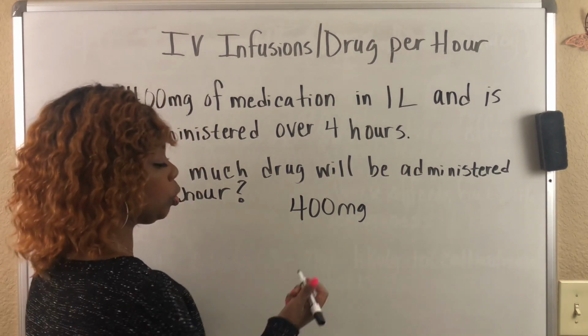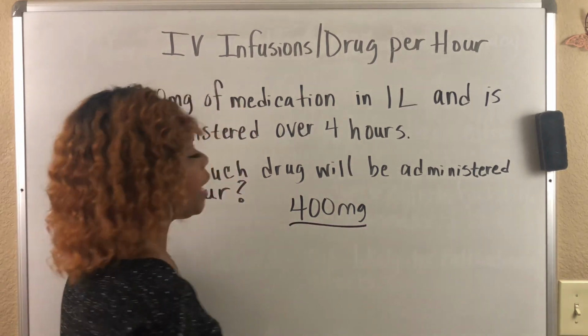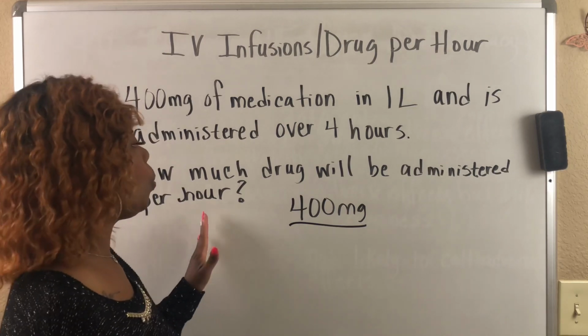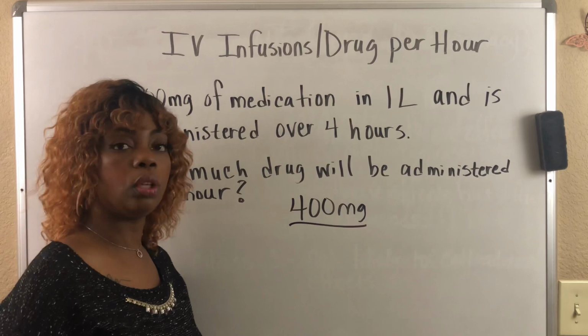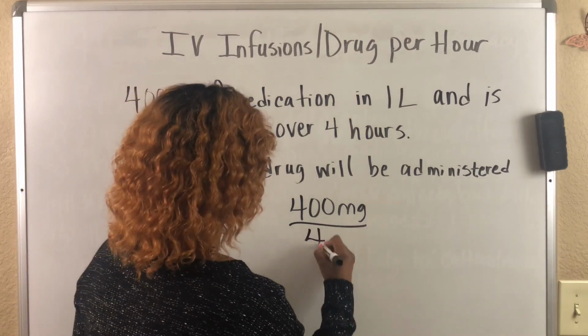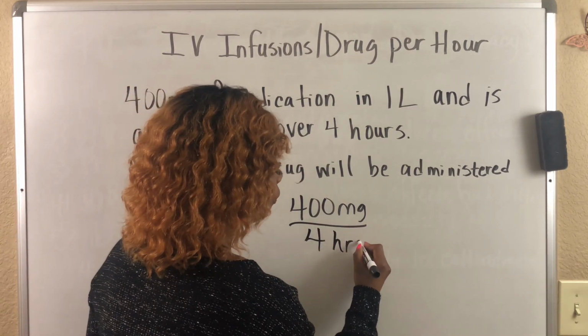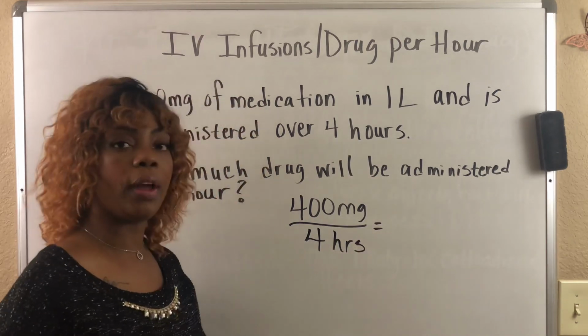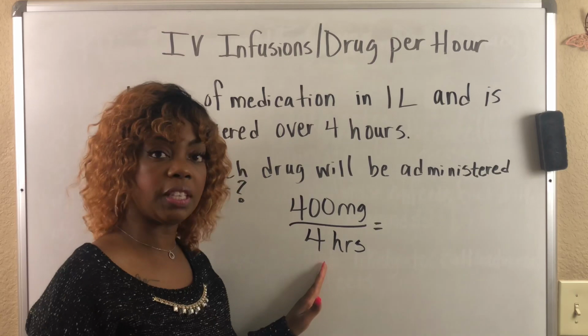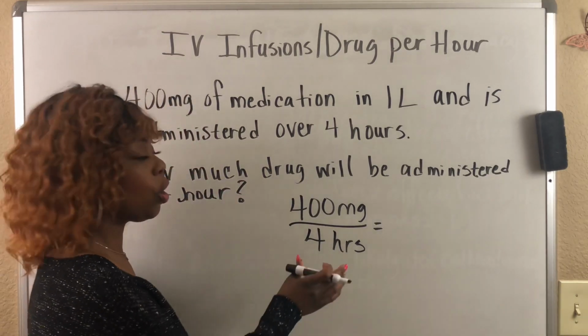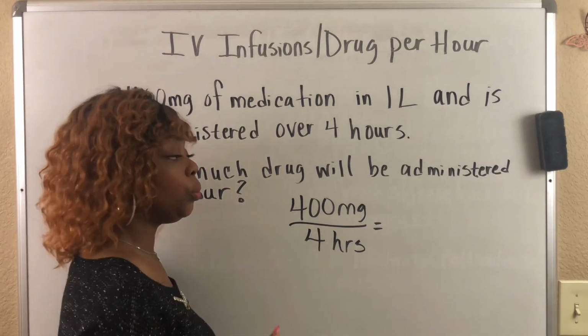Okay, so we have 400 milligrams of our drug, and we need to know how much we're going to administer per hour, and how many total hours do we have. We have a total of 4 hours. So we're going to put 400 milligrams over 4 hours, with a numerator and a denominator, and we are going to divide.